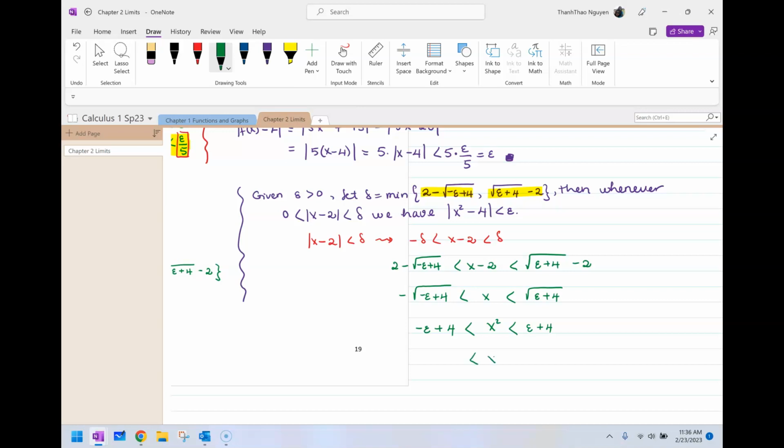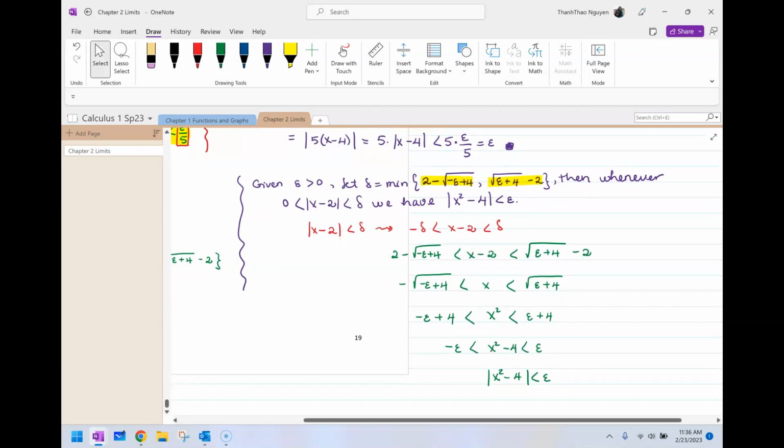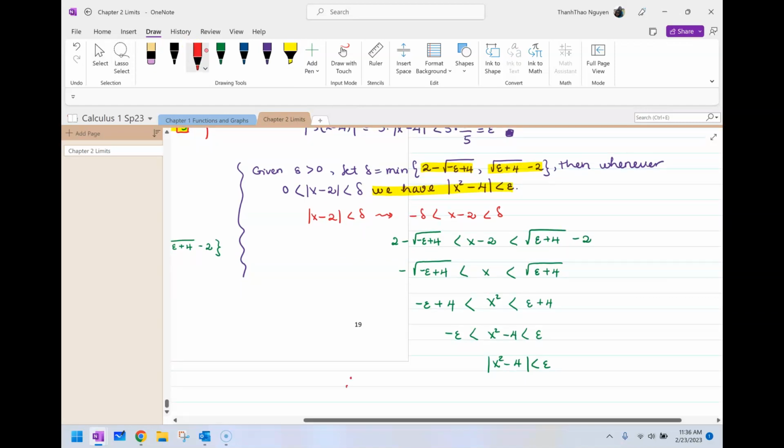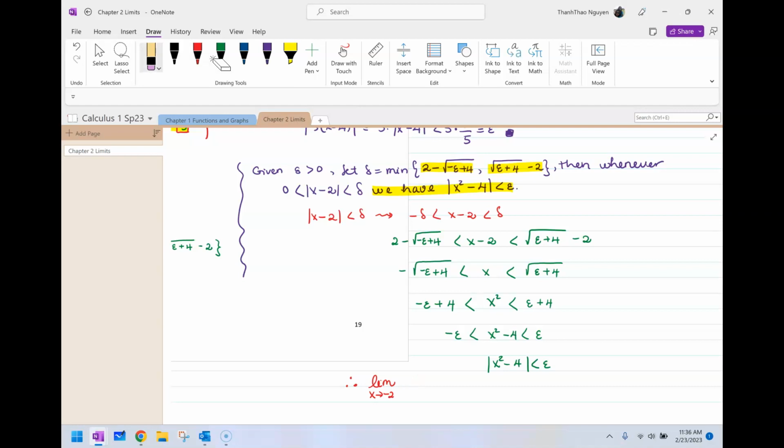Then this means that x squared minus 4 is less than epsilon, which is what we have shown. Therefore, the limit as x approaches negative 2 of f(x), that is x squared, is equal to 4.